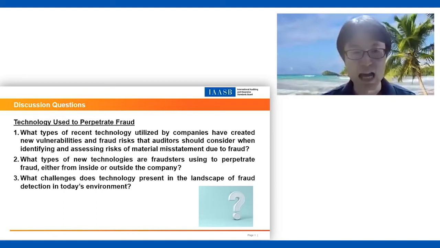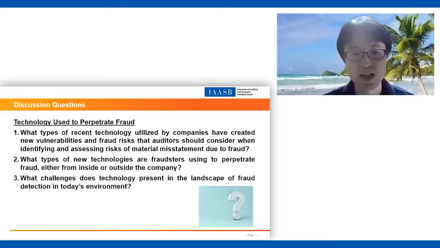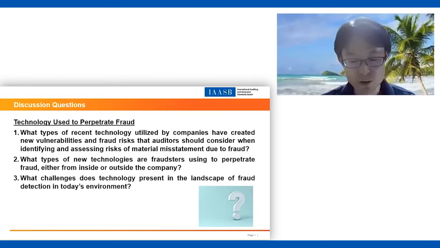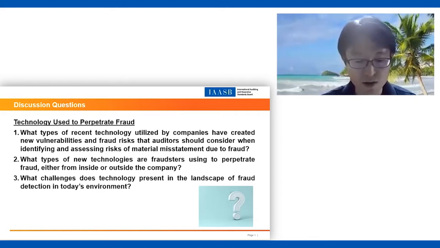If they take the agile method to develop and revise the software so frequently, then the software application control can change in a frequent way, like on a daily basis or more frequently than before, so the auditors need to think about the audit strategy for application control testing. That's the area where I can think of vulnerability.